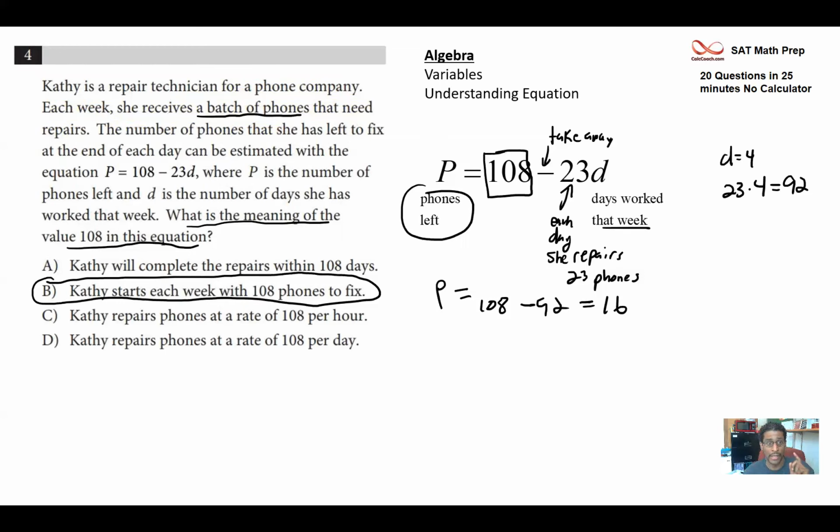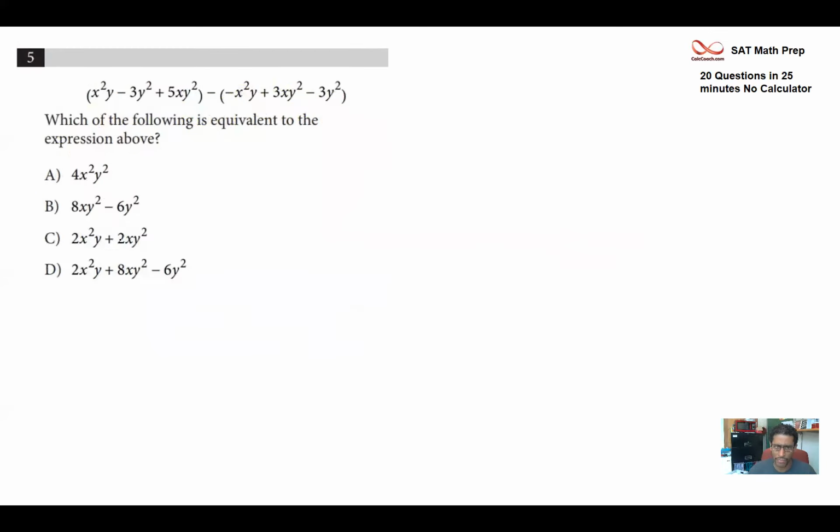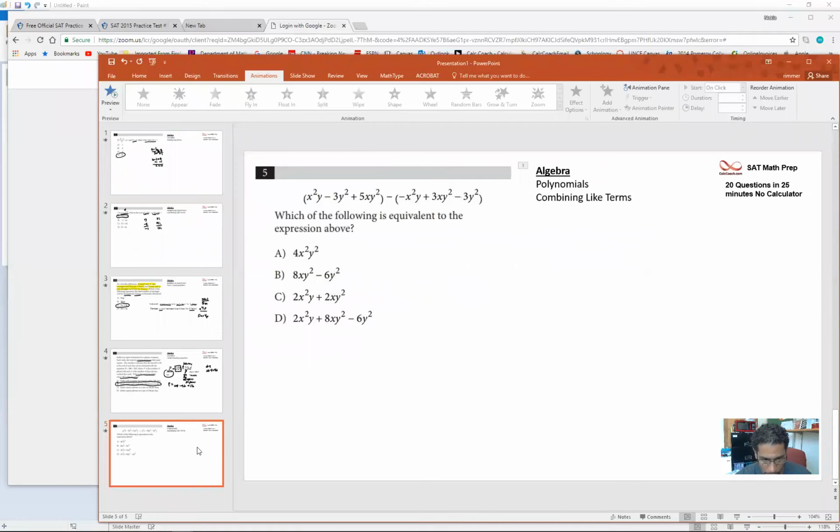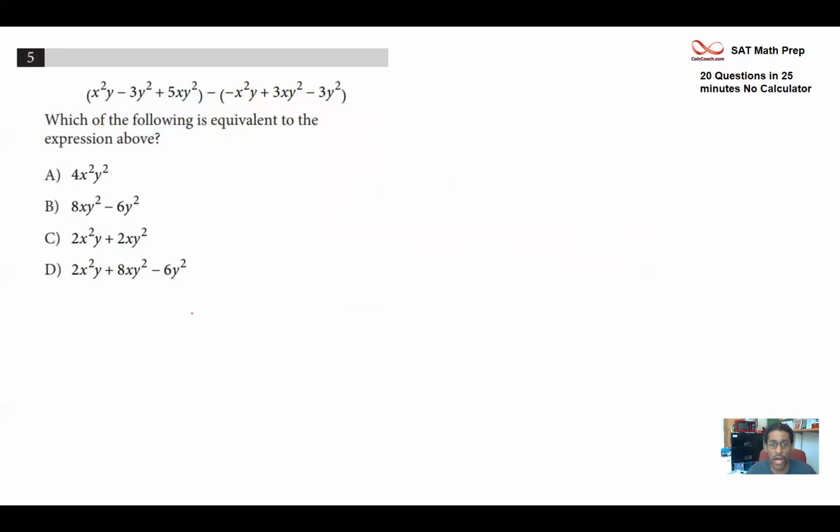Okay. And the last question, number 5. This is a straightforward expression, subtraction of 2 expressions. They're polynomials, but they're multivariable. And so we're trying to combine like terms. And so we have x squared y.